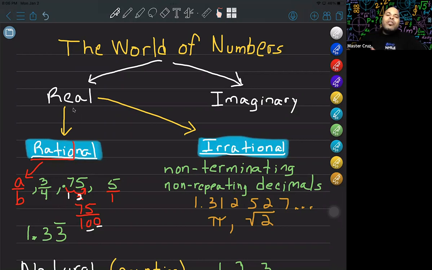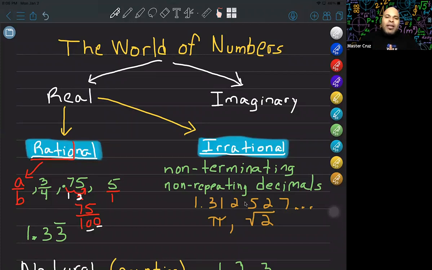Let's go to the other type of real numbers. You could get irrational numbers. By definition, an irrational number is a number that is not rational. That's it. It's just that simple. So non-terminating, non-repeating decimals are examples of irrational numbers. If I have something like 1.312527..., that just lets me know that the number keeps going forever. There's no pattern.